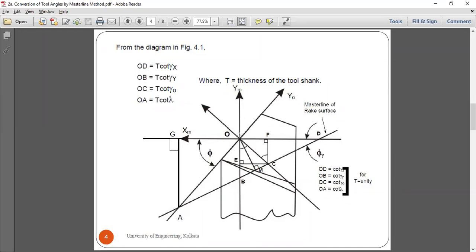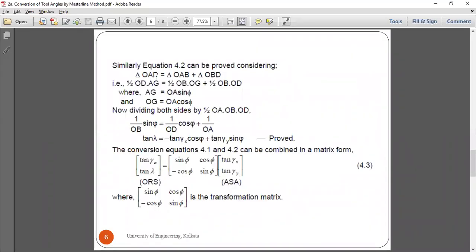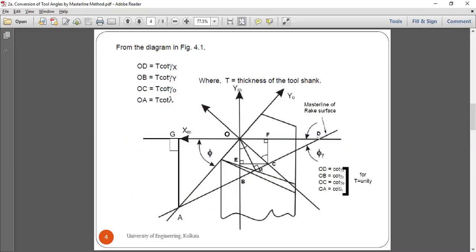So now we are going to take triangle OAD, where the area of triangle OAD equals the area of triangle OAB plus the area of triangle OBD, right? So let us see, OAD equals OAB plus OBD. In the same manner, you can find out. Here, in this triangle OAD, the perpendicular or the altitude is OM.